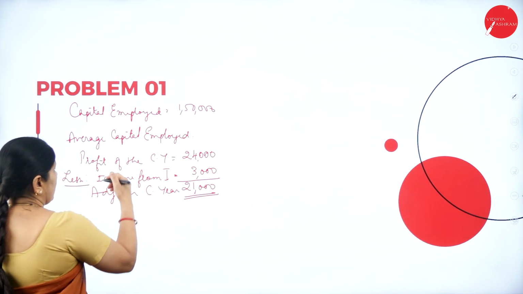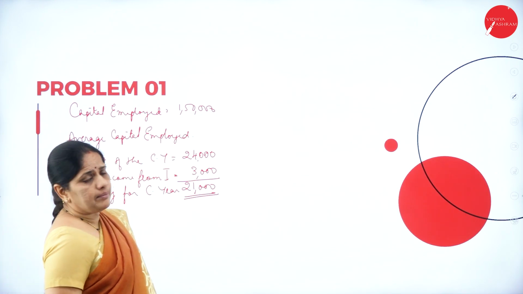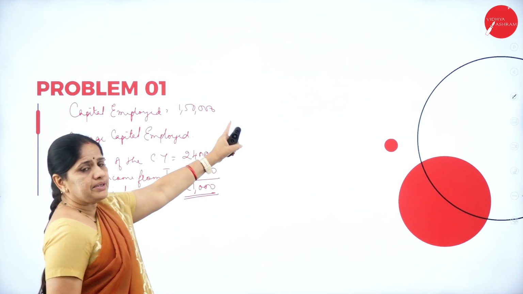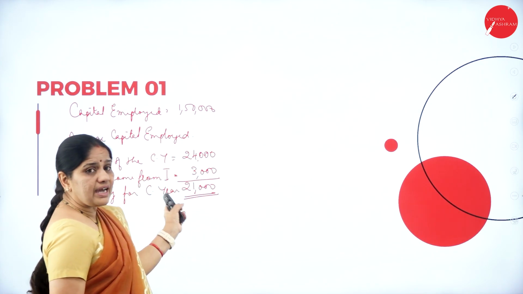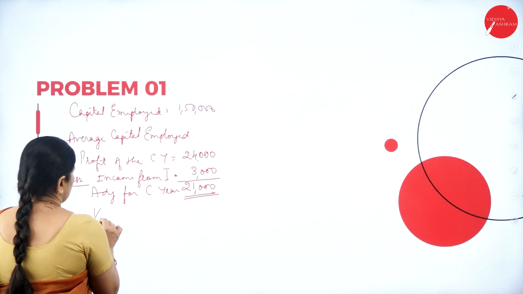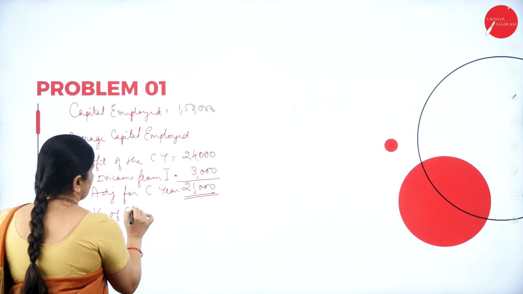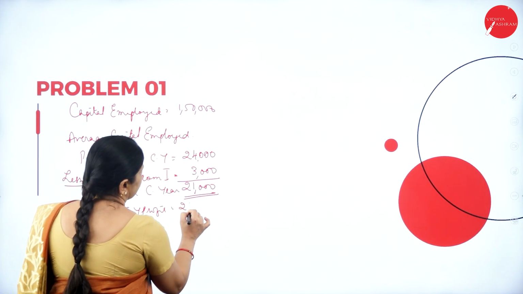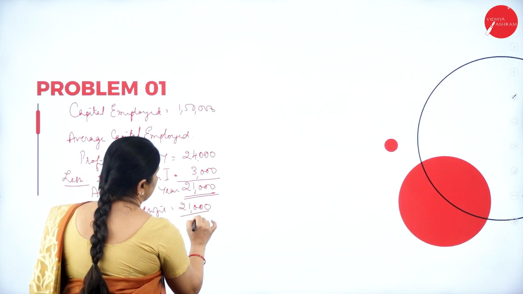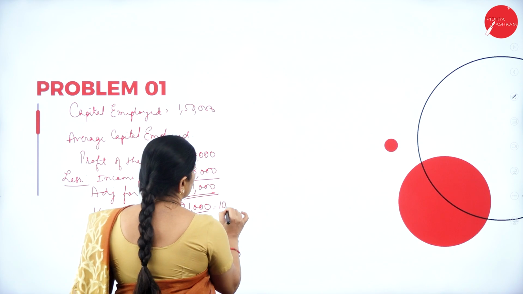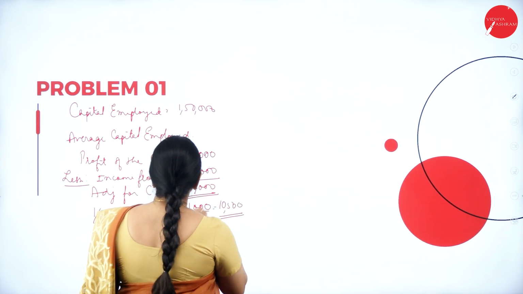Now, in order to calculate average capital employed, I have to deduct from capital employed half of current year's profit. So, half of current year's profit will be 21,000 divided by 2, that comes to 10,500.